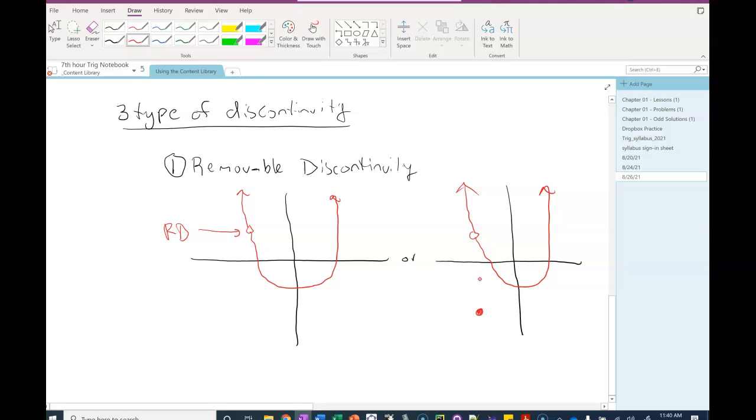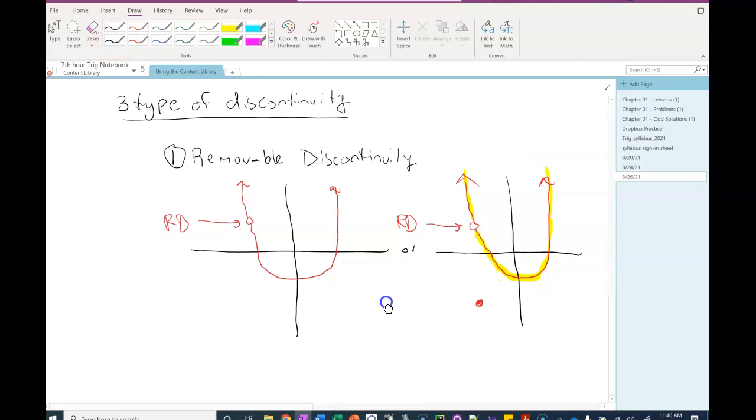That still counts as a removable discontinuity because I still have a gap in my graph. I still can't draw that without picking up my pencil. I can draw it to here, and then I have to pick up my pencil to draw the other part of it because there's a little gap. Does that make sense? So it's just a name.